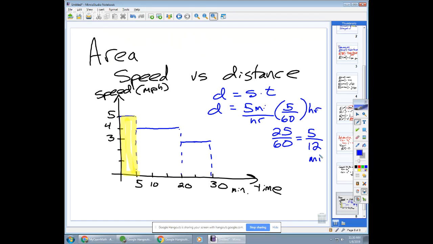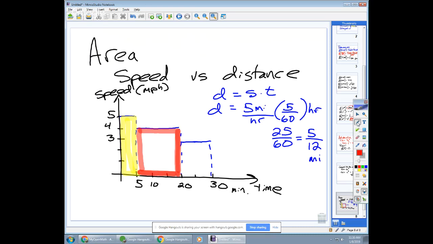And then I slowed down in the flat area here, but we can still calculate that. Let's do color there. And again, aren't I doing area, right? I'm taking the height of this rectangle, which is my speed, and I'm multiplying by the length of the interval, which is time in this case, which also happens to be distance equals rate times time.